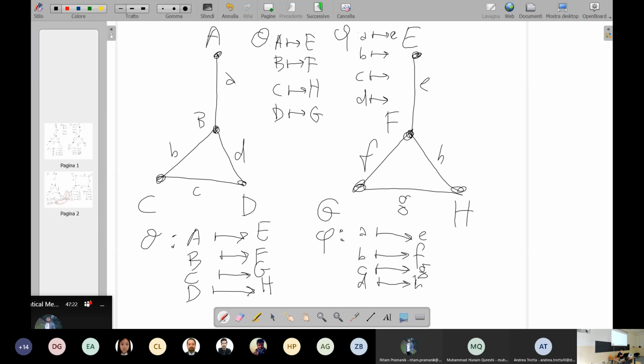And C again to G. And D to F, and E to F.